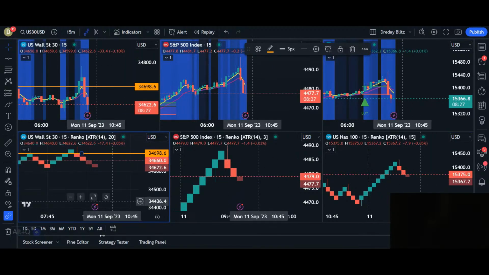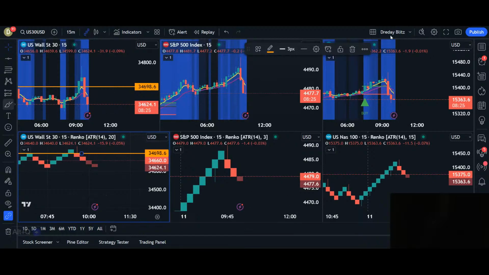And like I said, the take profit will be the next reversal. So I would keep that in mind and follow to see when the next reversal is done.